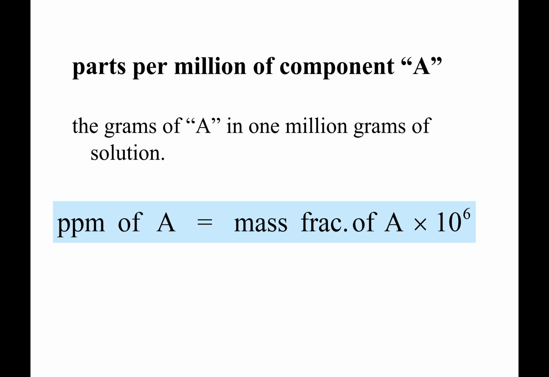So if you have mass fraction, you can get to parts per million by multiplying, not by 100, but by 1 million. So you can take mass fraction, multiply by a million, 10 to the 6, and get parts per million.